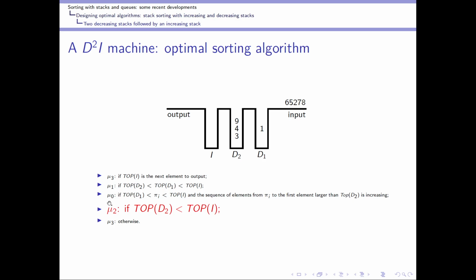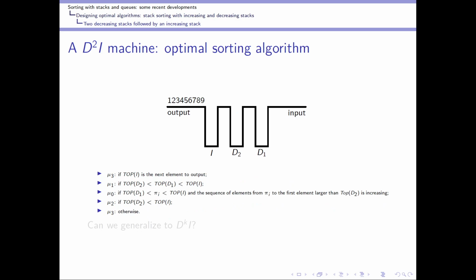So you cannot perform mu1, but you cannot perform mu0 either, because if you look at the sequence of elements starting from 6 and terminating at the first element of the input larger than 9, well, 9 is the maximum here, so you have to take all the remaining elements in the input, and this sequence is not increasing, so you cannot perform mu0. Next try is to perform mu2, and luckily you can perform mu2 because the top of D2, which is 9, is smaller than the top of I because I is empty. And if you continue the execution of this algorithm till the end, you will get the identity permutation.